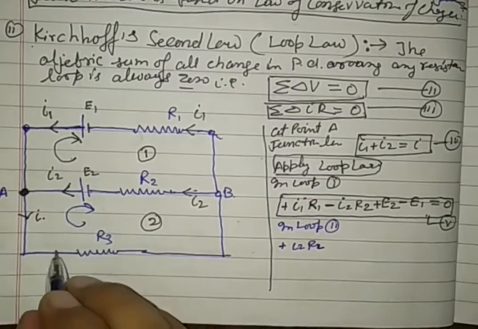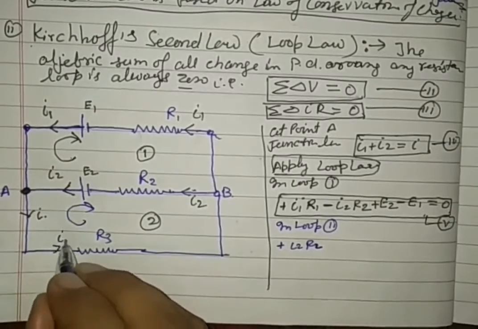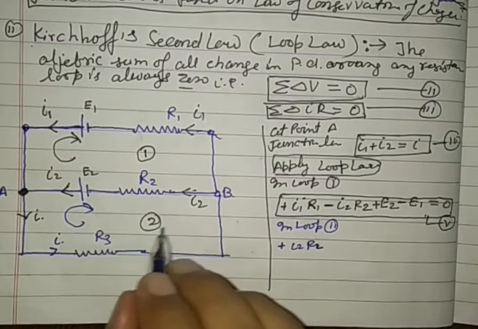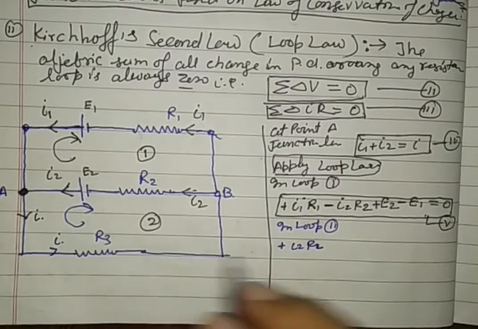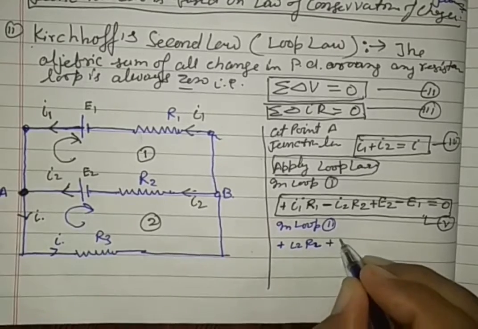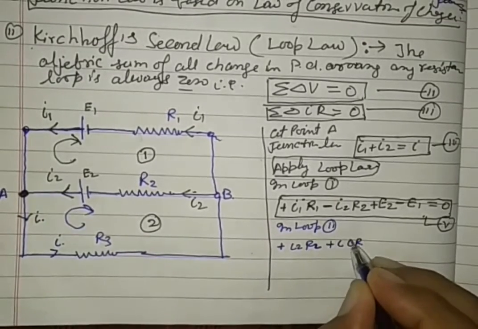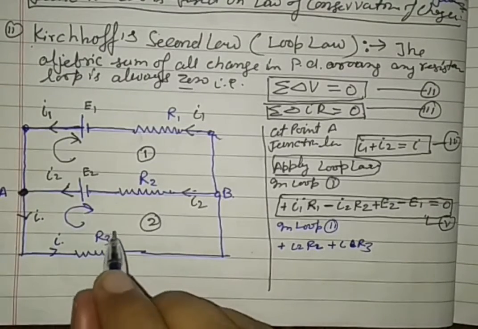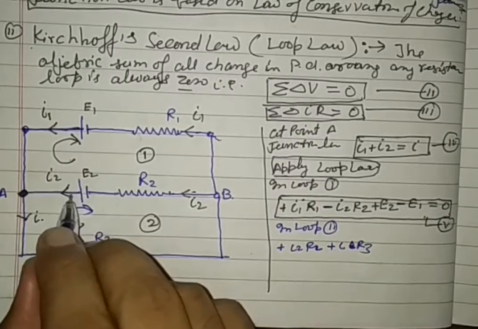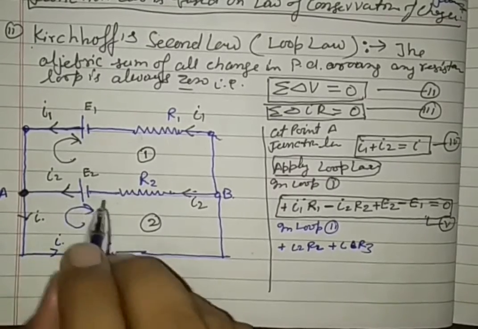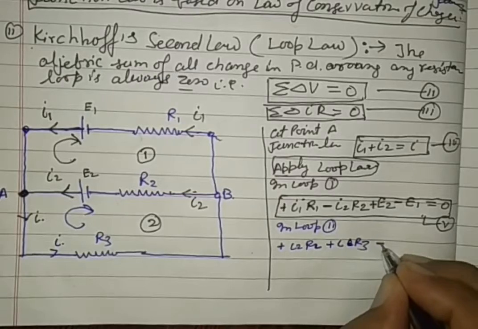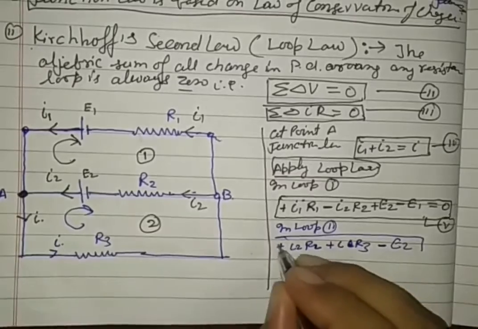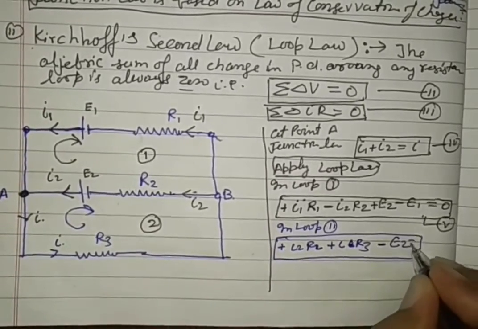Now see, the loop will move here, also opposite to it. So plus I3 R3, and there is one cell, and the sign convention emits from the negative plate. So it is minus E2 is equal to 0.